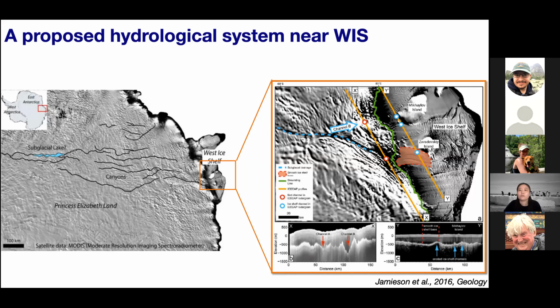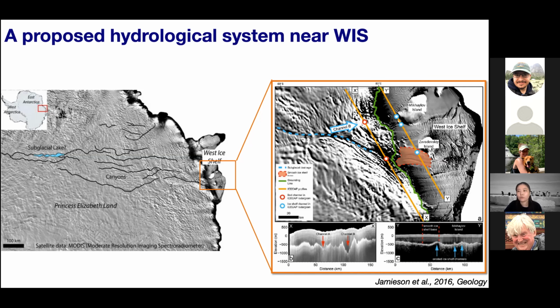Yeah, so I'm talking about the hydrological system that has been proposed near West Ice Shelf. So the subglacial water is very likely being directed from the interior towards the coast. And the lower right figure shows the underside of the ice shelf is possibly smoothed out by the subglacial discharges.